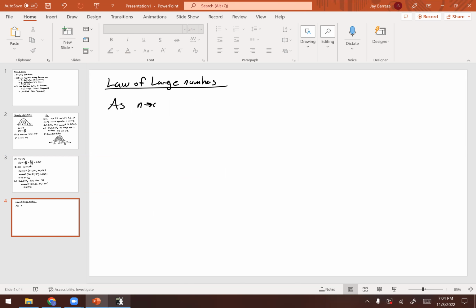As n goes to infinity, the sample distribution of sample means becomes normal. Okay. As n goes to infinity, the sample distribution of sample means becomes normal. But any questions on that? I mean, that's all you really got to remember from that.